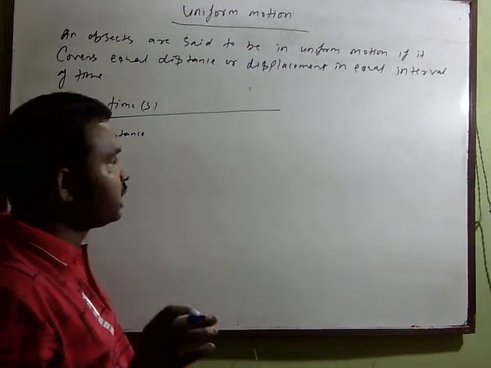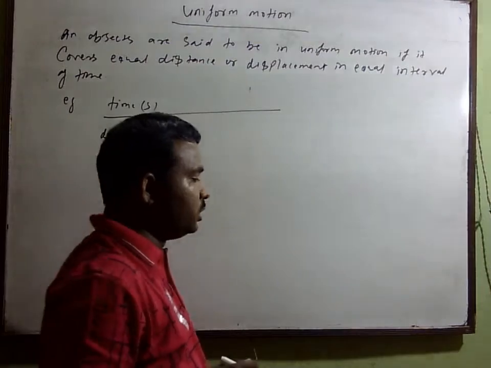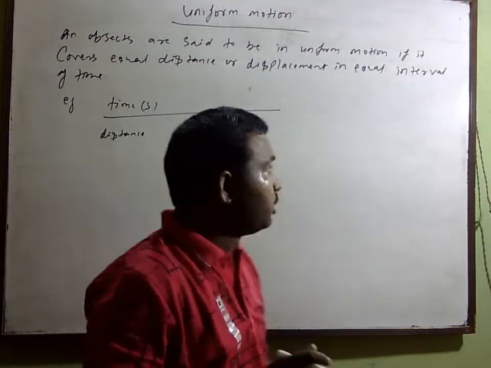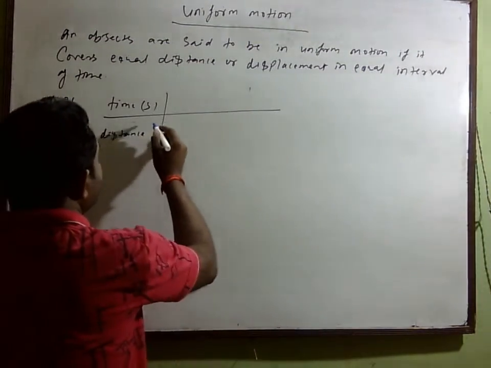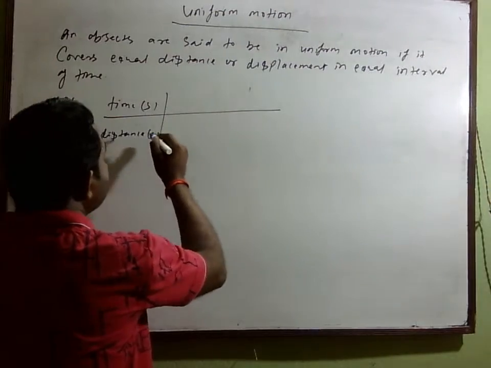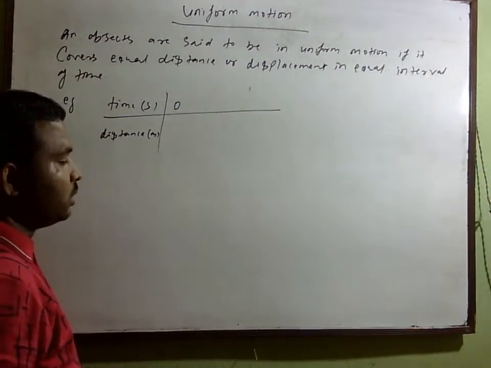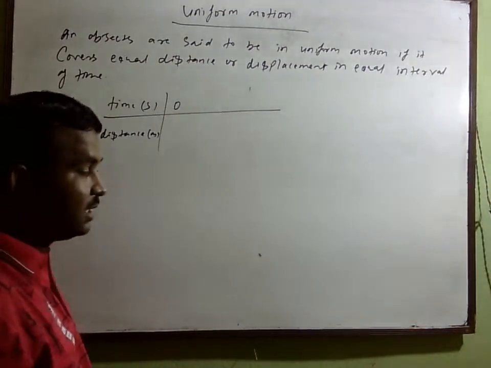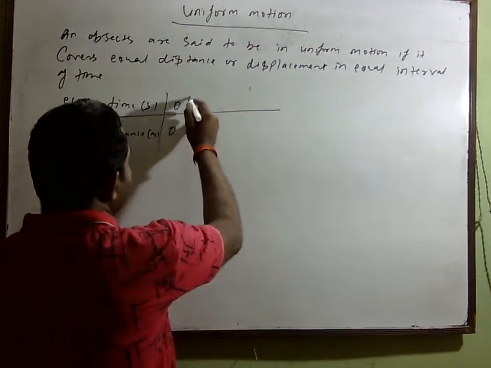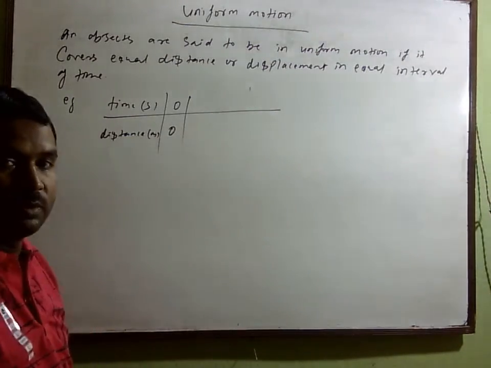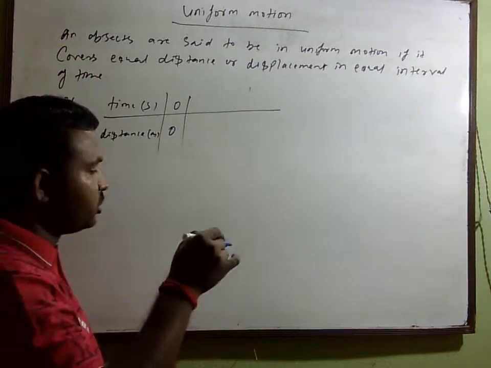Suppose an object is moving uniformly, and when time is 0, the object is at rest, there is no distance or displacement, it is in the same position.